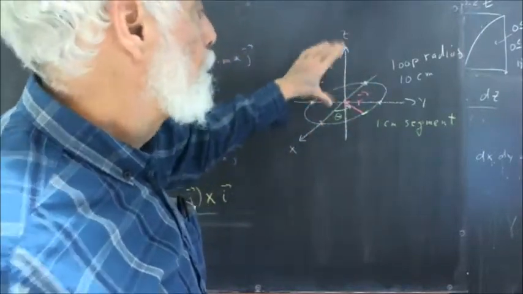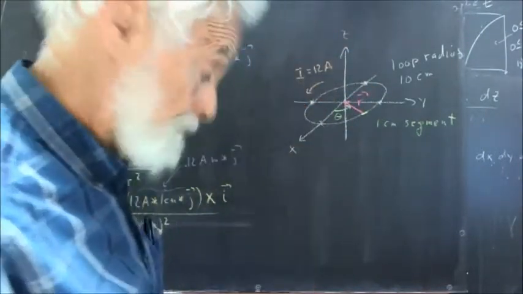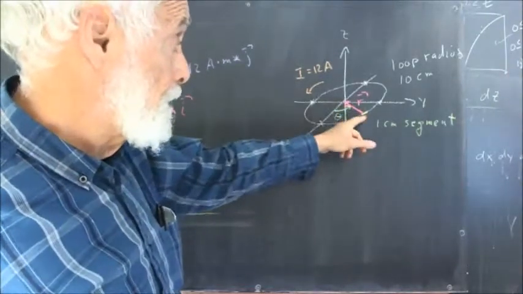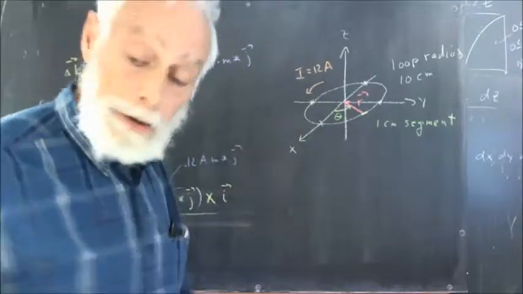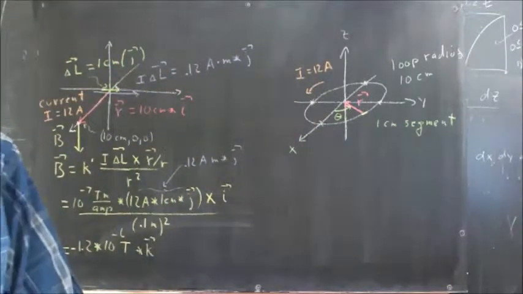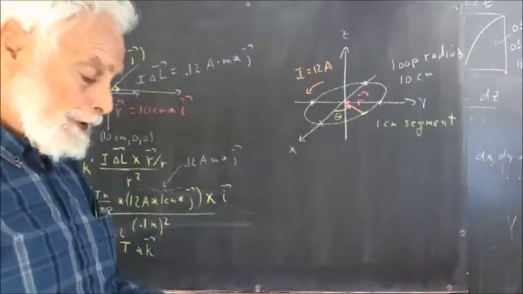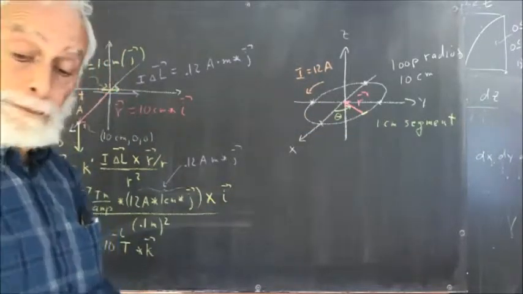Those are polar coordinates. So in polar coordinates, 10 centimeters here, angle theta measured counterclockwise from the positive x-axis. So what is the R vector in this case?